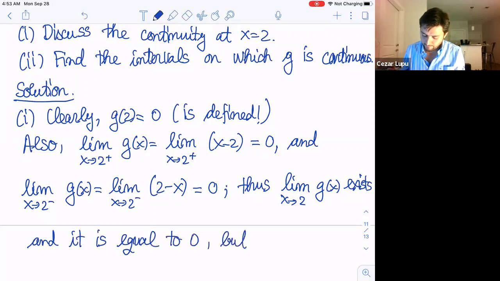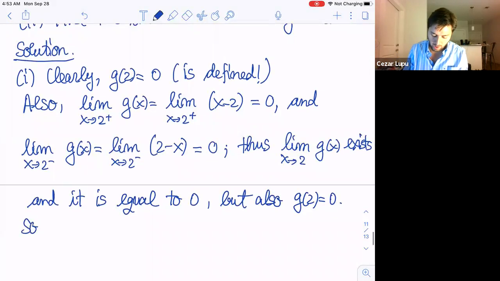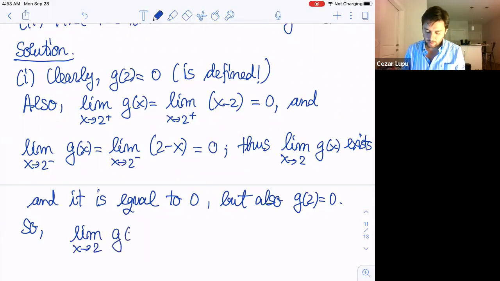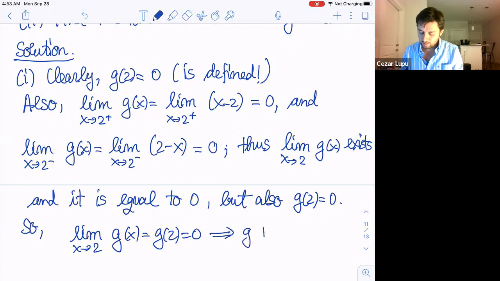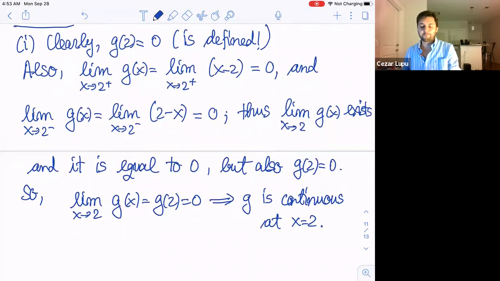But also, keep in mind that g of 2 is 0. So we're combining these two. It implies that the limit as x approaches 2 of g of x is g of 2, which is 0. So this implies that g is continuous at x equals 2. Right?